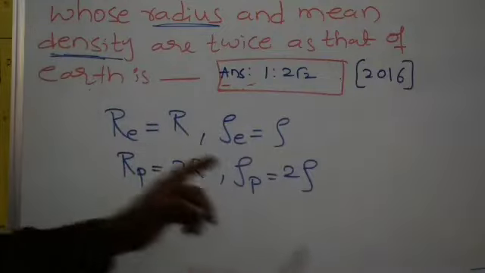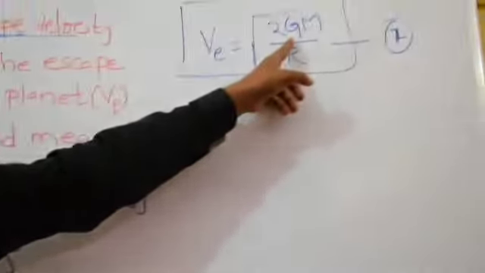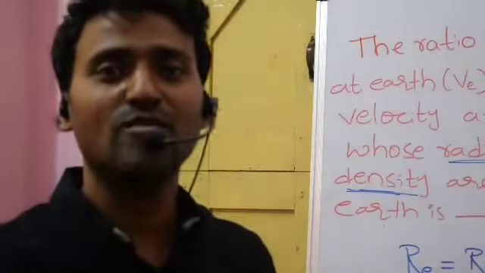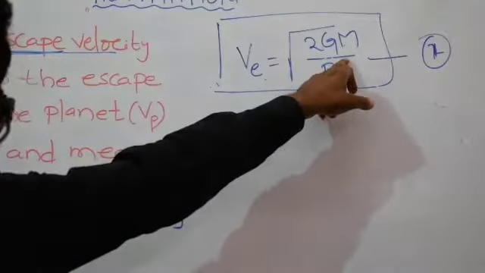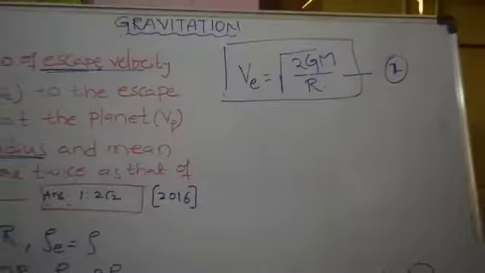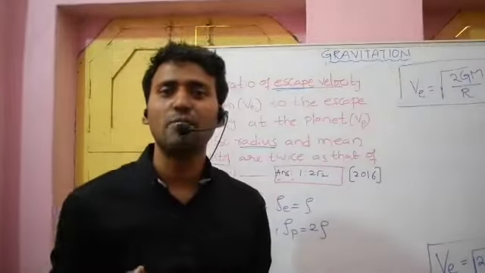But we don't have the equation in terms of density. We have to convert that equation in terms of density. How can we convert it? In this one, mass is there. Mass is equal to density into volume. Here the shape of the earth is spherical, so the volume of the sphere is 4 by 3 pi R cube.